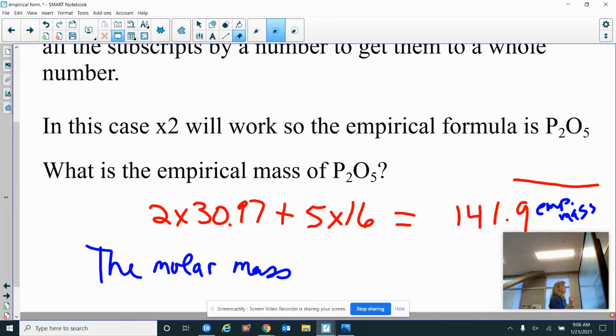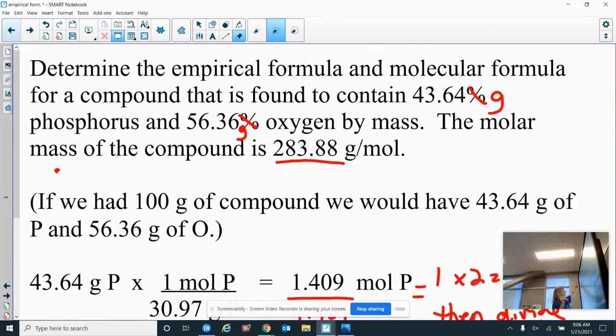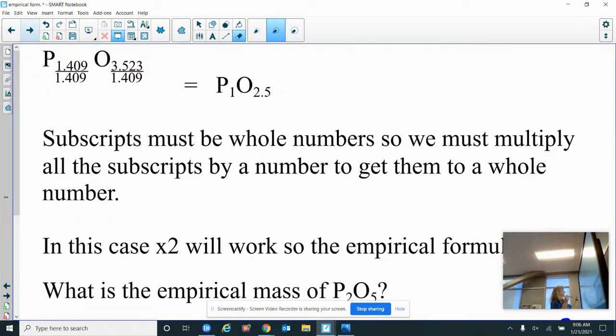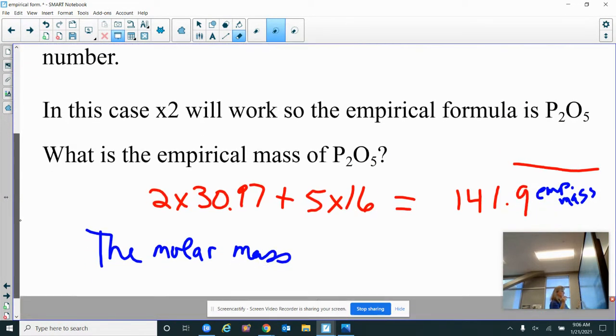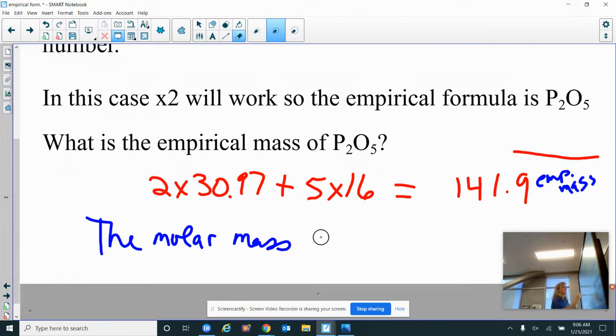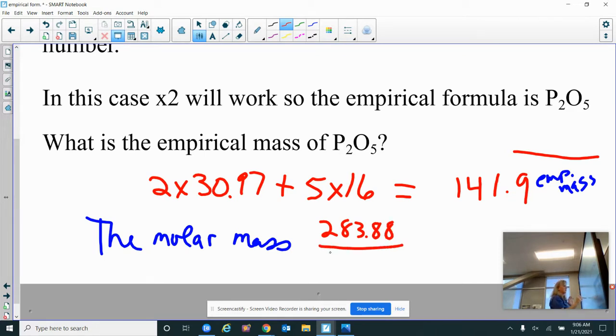Okay, so the molar mass was given, again, back here in the beginning of the problem, it said it was 283.88. So when I just found the empirical mass, I will divide that 283.88 by the empirical mass, 141.9.